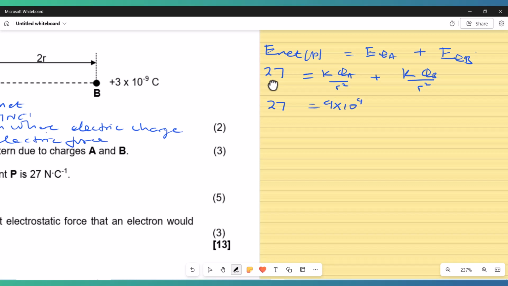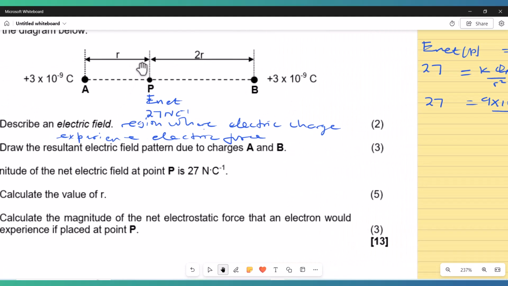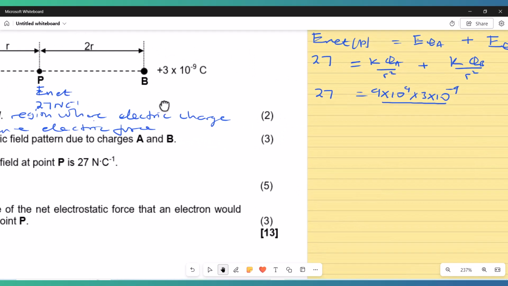Now the charge on A is the same as charge on B, so it's going to be 3 times 10 to the power negative 9. So divided by the distance. Now the charge A from P, how far is it? It is R, right? So we're going to say divided by R squared.